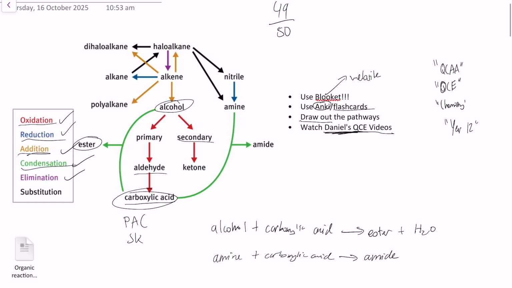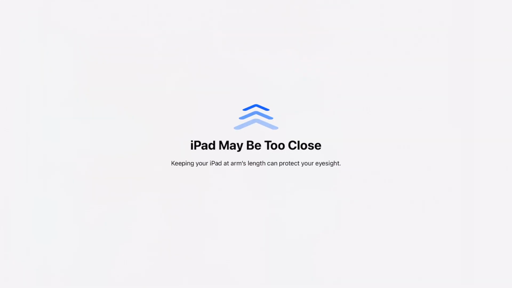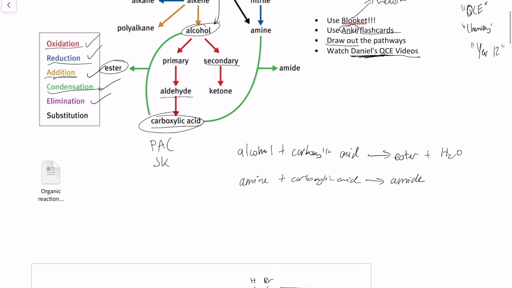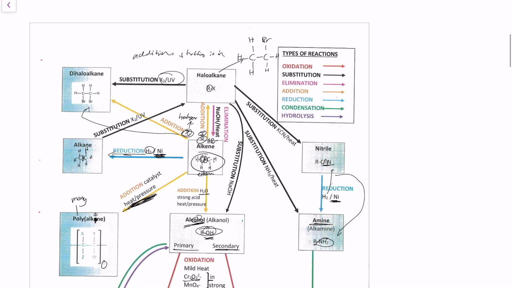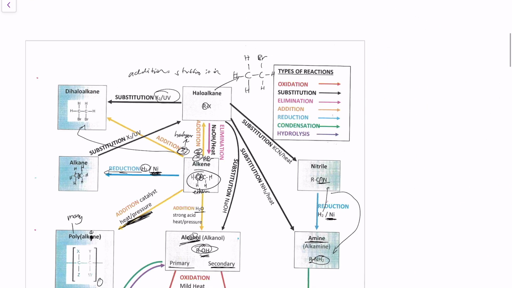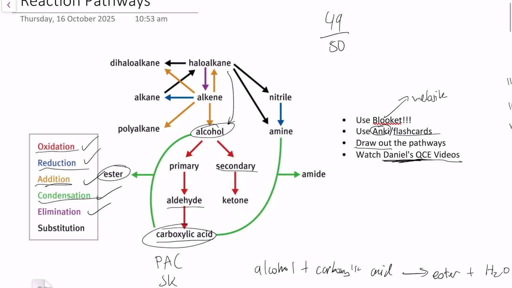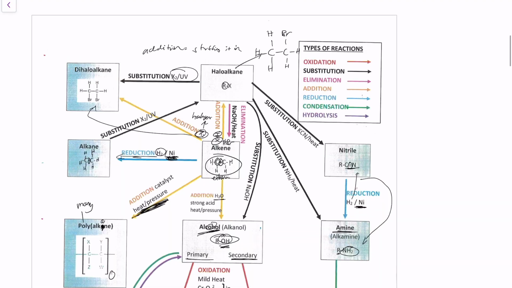So I'm not too sure if that needs to be considered, but I might just quickly draw that as well. Okay. Yeah, so give or take, there's probably like 4 or 5 substitution reactions that you need to know. I would personally learn 5 just in case they sneak one in, but I think going by the QCAA, you'd still be safe because this is what they gave anyway. But it's better to be safe than sorry.